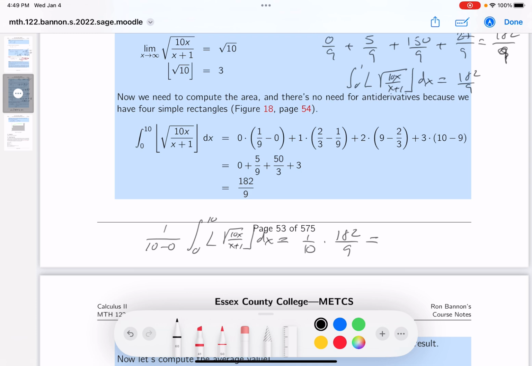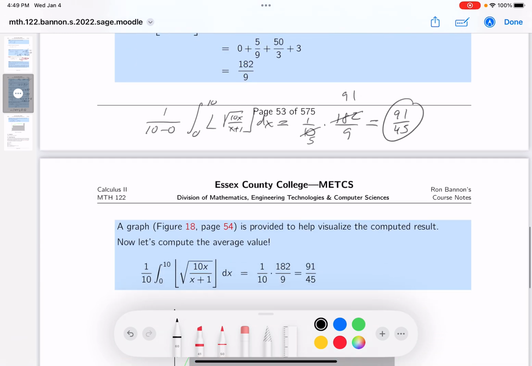And I've got to simplify that. I just don't like the way it looks. Let me see. I'm going to divide through by 2. I would get 5, and 2 goes into that 90, let's see, 91 times. So you get 91 over 45. Final answer.